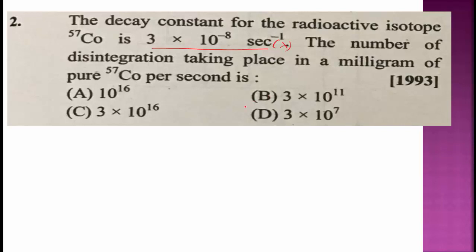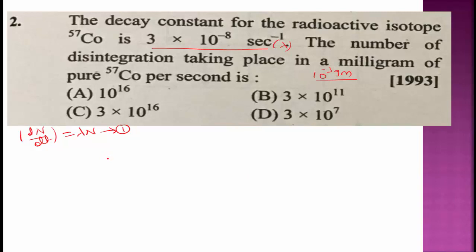What is the number of disintegrations taking place in a milligram, that is 10 to the power of minus 3 gram, of pure cobalt 57 per second? We know that the rate of disintegration per second, dN by dt, is equal to lambda into N. Here lambda is the decay constant, and N is the number of atoms in 1 milligram.